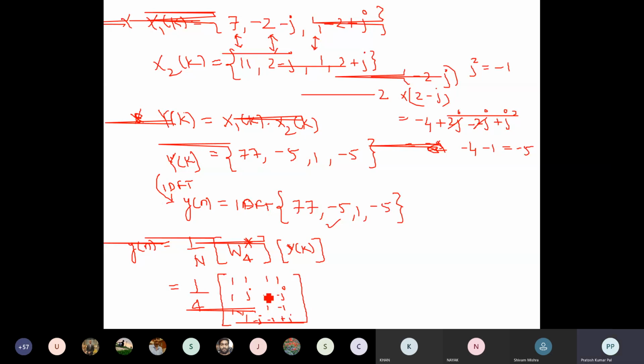Okay, so this will be your complex conjugate of the twiddle factor matrix, and we will multiply it with 77, minus 5, 1 and minus 5.